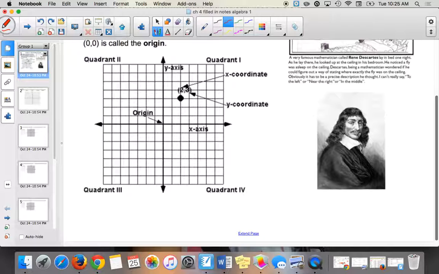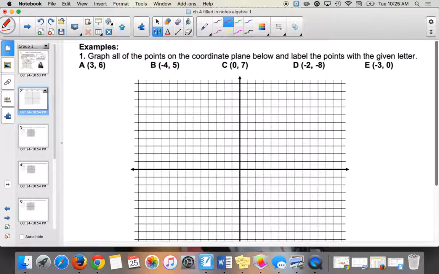Have you all seen this before? Pretty familiar. Okay. It says graph all of the points on the coordinate plane below and label the points with the given letter. If I have 3, 6, I'm going to go over 3 spaces, 1, 2, 3, up 1, 2, 3, 4, 5, 6, and my point would be right here. That's going to be our letter A. I'm showing you this in red, but we don't obviously do that when we're graphing those little spaces.